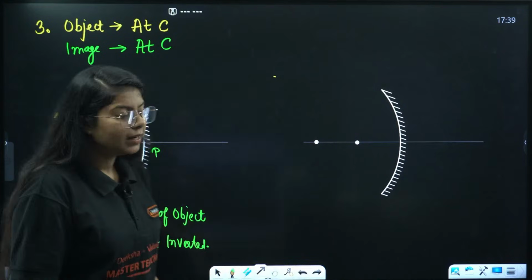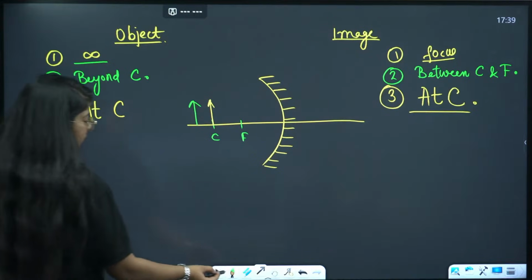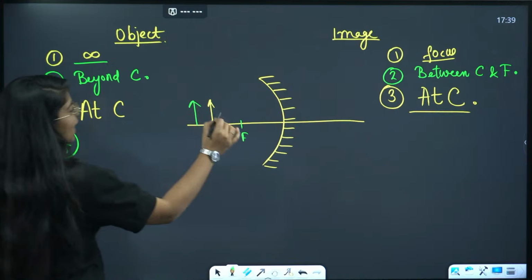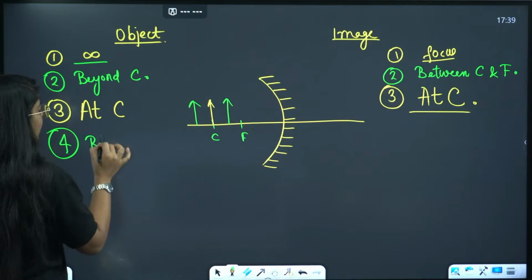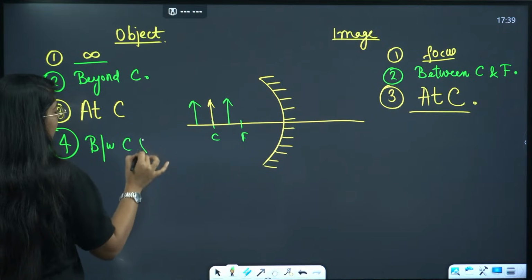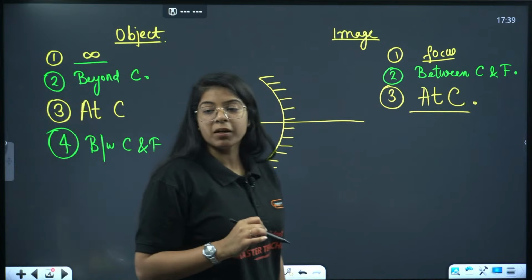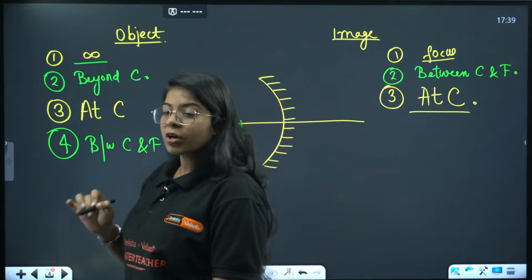ठीक है. Let's move on to the fourth case. For fourth case जल्दी बताओ, where will be the object? चलो object is between C and F. तो object कहाँ है? Between C and F. Done. Where will the image be formed? चलो if you have no doubt अभी बताओ.